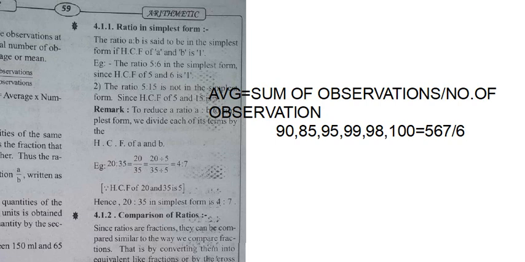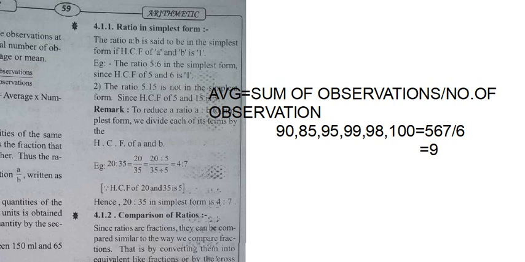Then after this, do the simplification. I hope you know how to do the simplification. If you do the simplification, 6 nines are 54, here remains 2, 27, in the 6 table, 6 fours are 24 and 6 fives are 30.